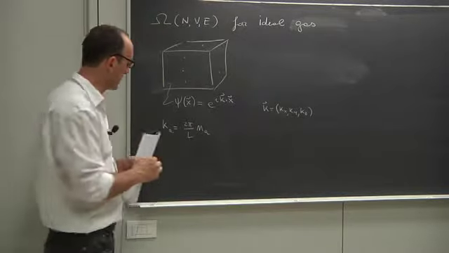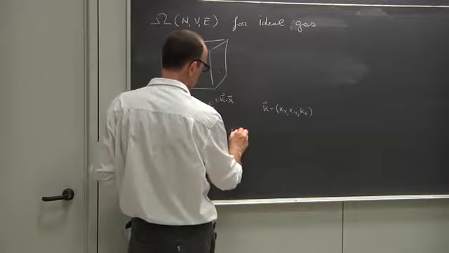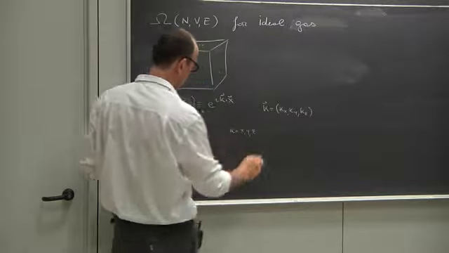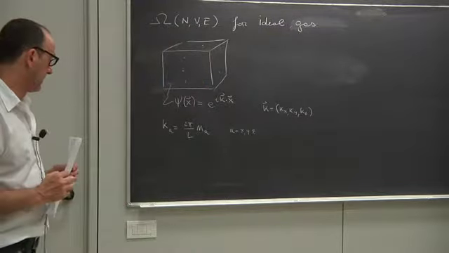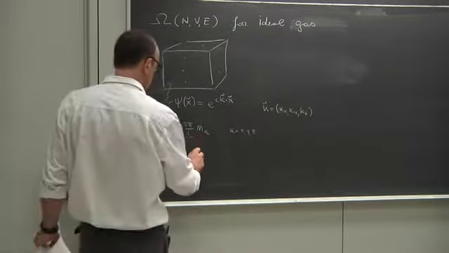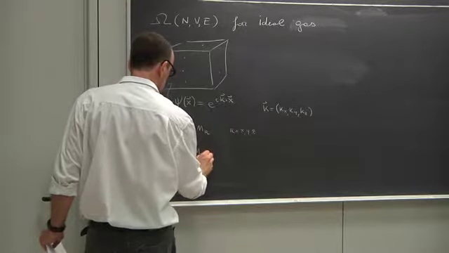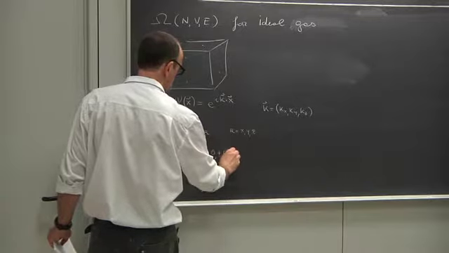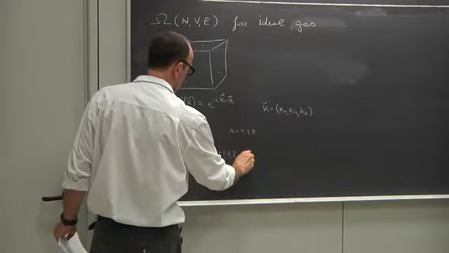Here this index is x, y, or z, and this integer n can be any integer, so 0, plus minus 1, plus minus 2, etc.